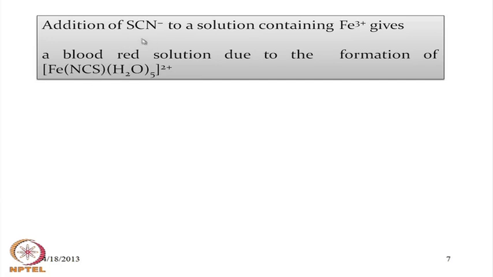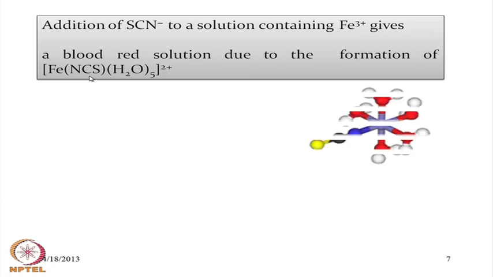So, if we go on changing the concentration of thiocyanate, we can substitute all the other water molecules one after another from this iron center, and we can substitute all the water molecules present in this complex species by thiocyanate anion.